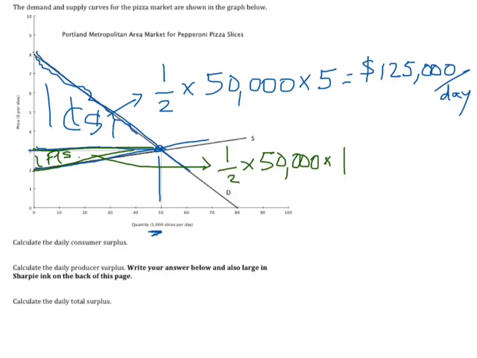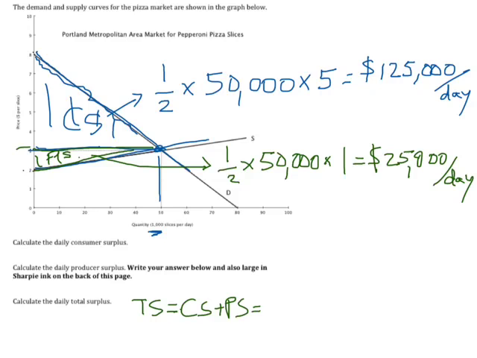It's the difference between 3 and 2. So when we calculate that out, we're left with $25,000 per day.